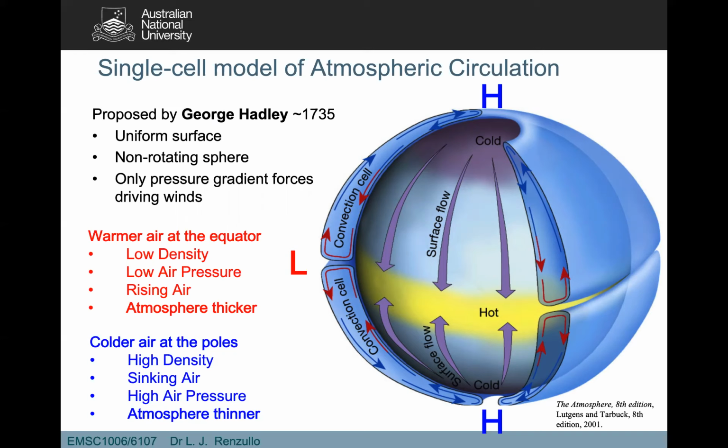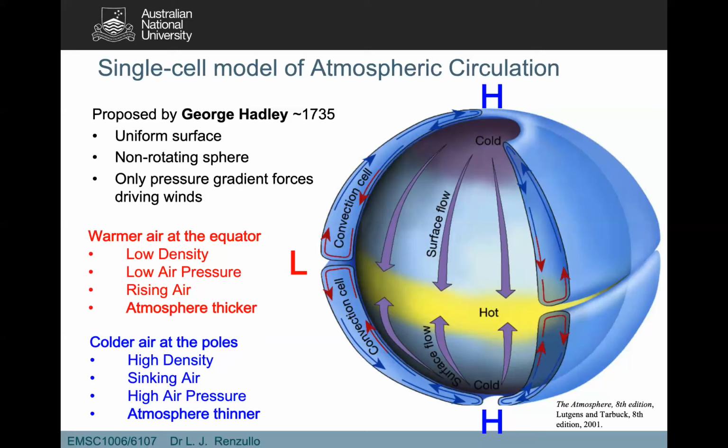Now, rising air exerts less pressure on the surface, so that heating results in a low pressure system. Over the poles, however, where we've got the descending air, the air is descending because it's cooler, becoming more dense.